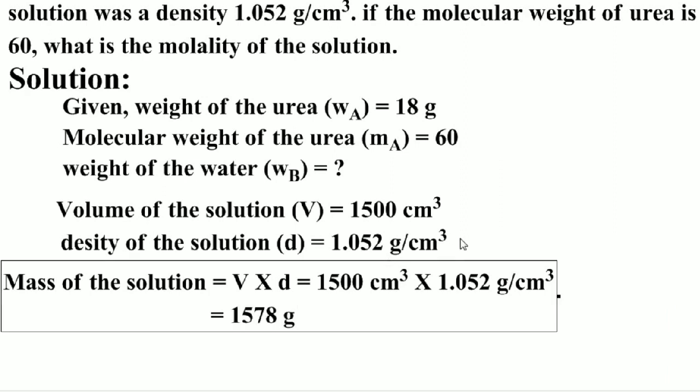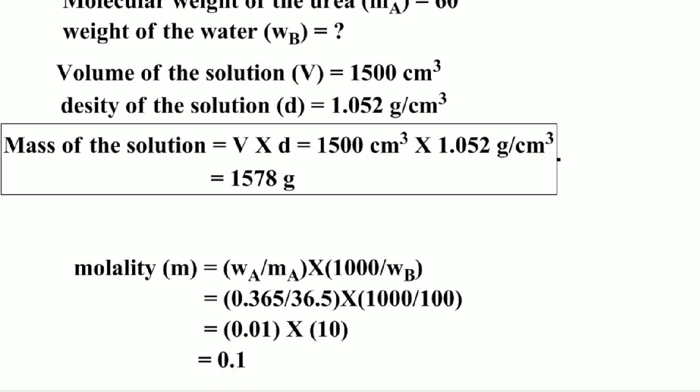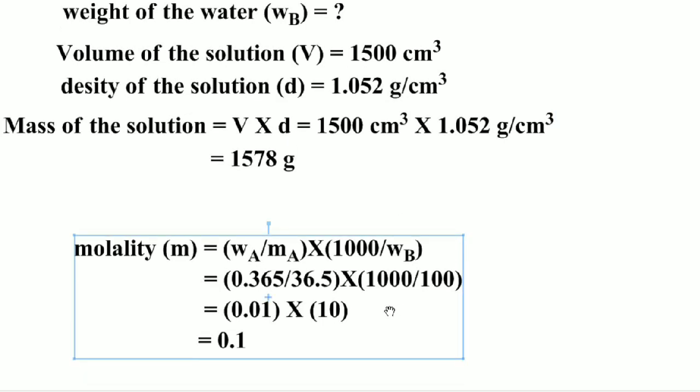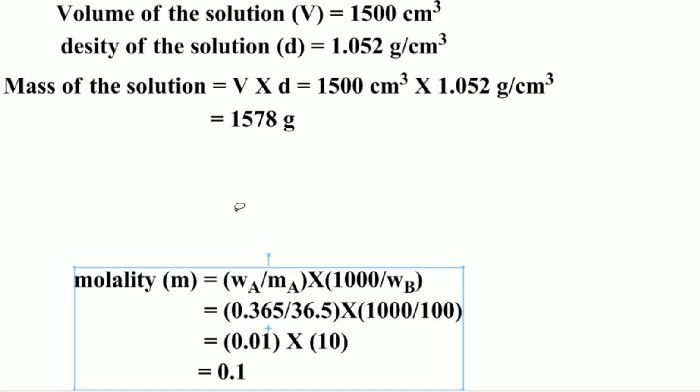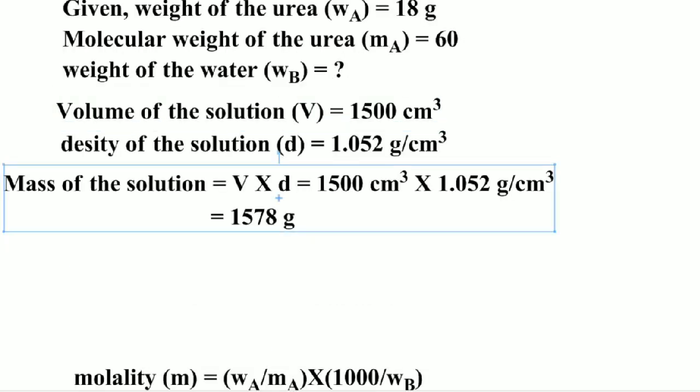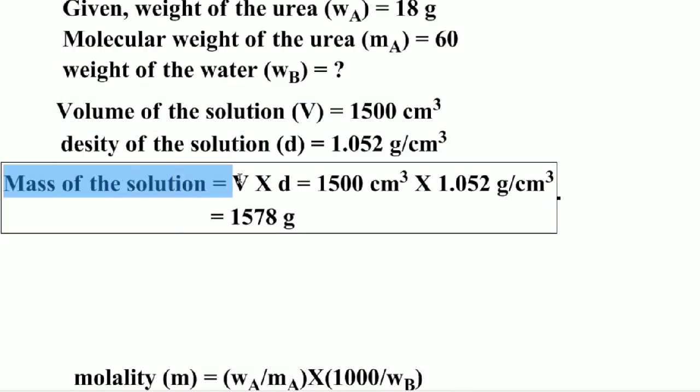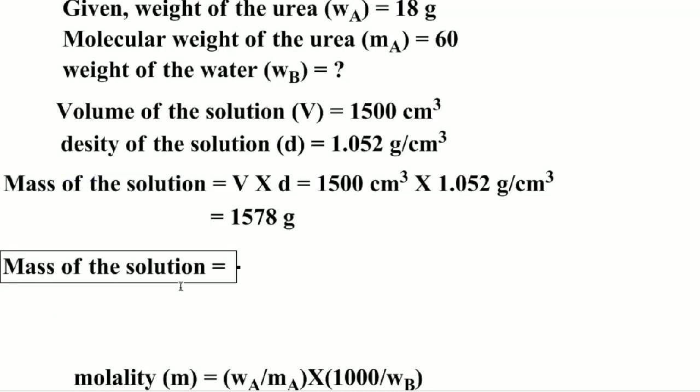1578 grams is the mass of the solution. But we need the mass of the solvent, water. We know that mass of the solution is equal to mass of the solute plus mass of the solvent.